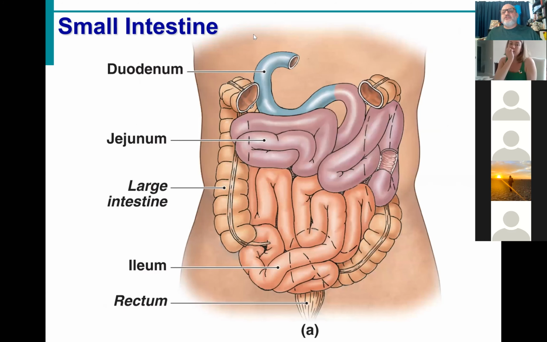Here we see the pretty picture. And remember one more thing we talked about with the small intestine. The duodenum of the small intestine, remember, is retroperitoneal.